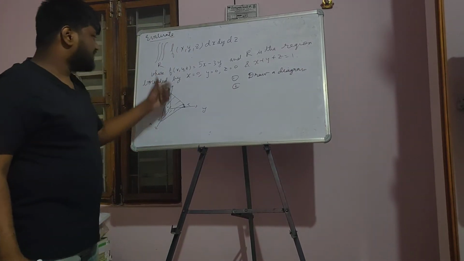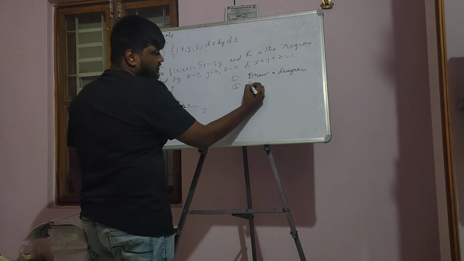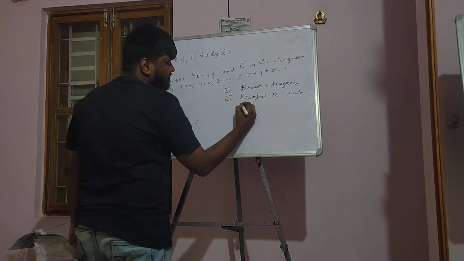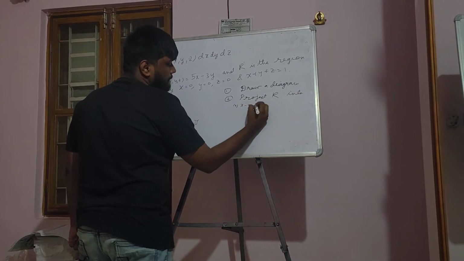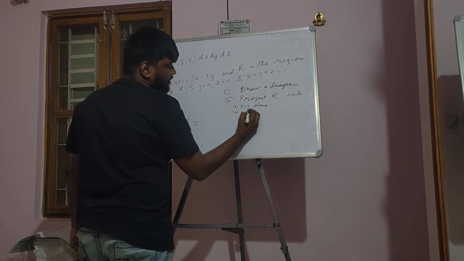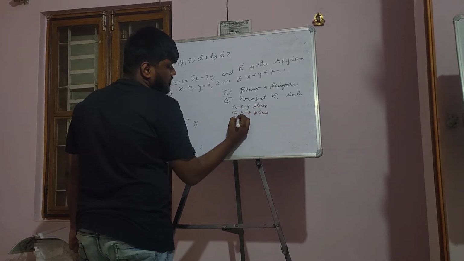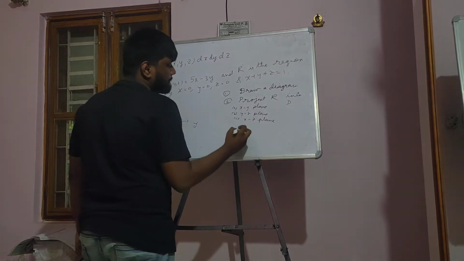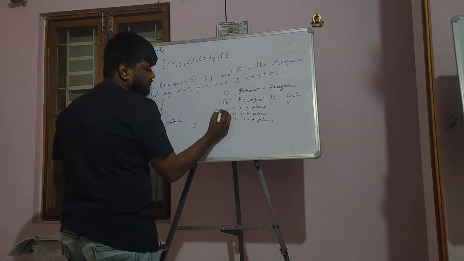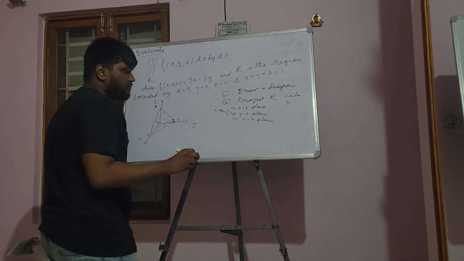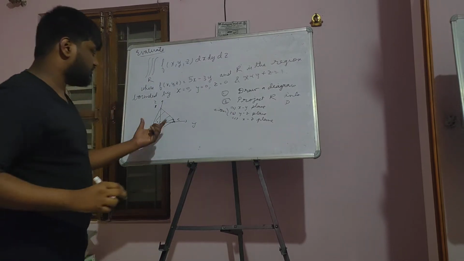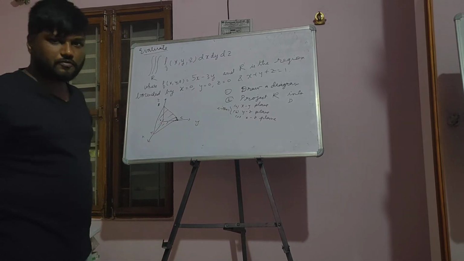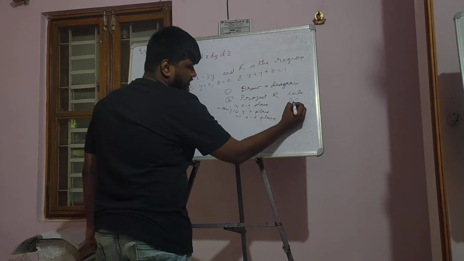Suppose R is the region, then we want to project R into either the xy plane, yz plane or xz plane, and let's call the projection D. So either of them, not all of them, just one of them. Choose the one that is suitable according to the problem, and that is how we get the projection D.